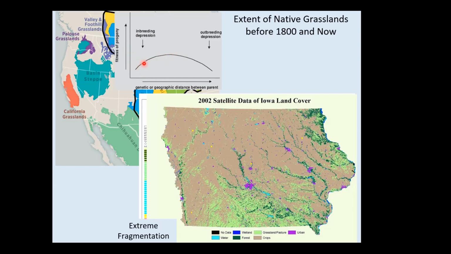On the other end, and you see here that fitness is low here. It goes up if we get away from that and we get more genetic distance between the two parents. But then it starts going down again because there's this other thing called outbreeding depression, which is what happens when individuals are too distantly related.